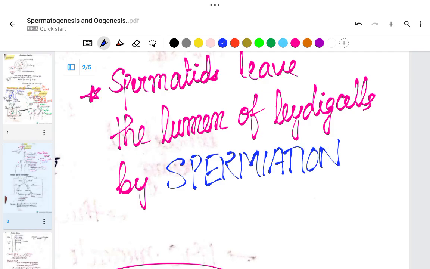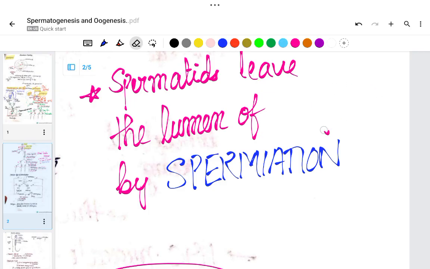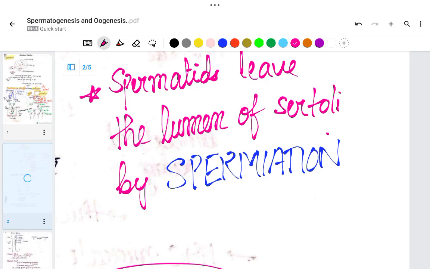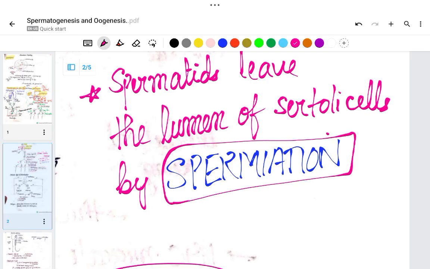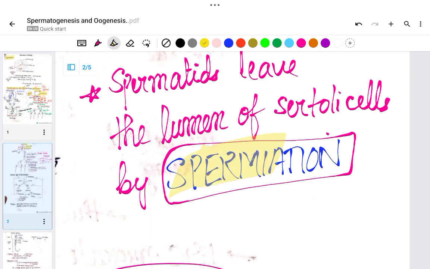This is not Leydig, it is the Sertoli cells only. They are embedded in the head of the Sertoli cells, and they leave the Sertoli cells by the process called spermiation. Right? Okay.